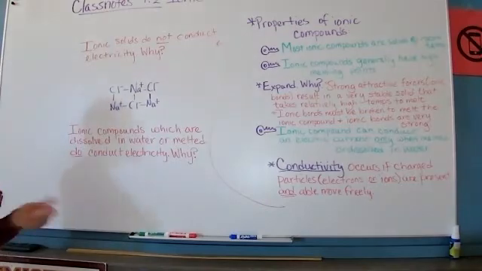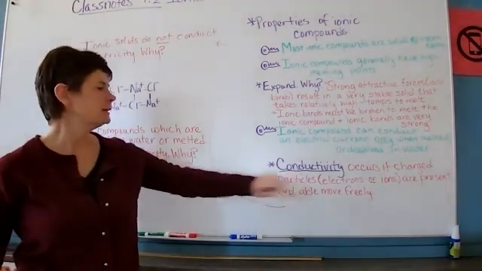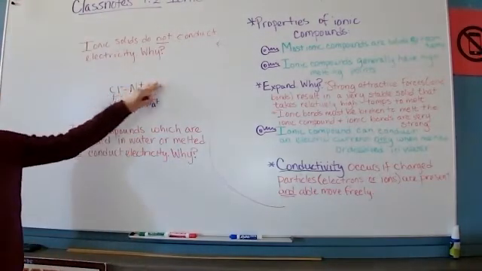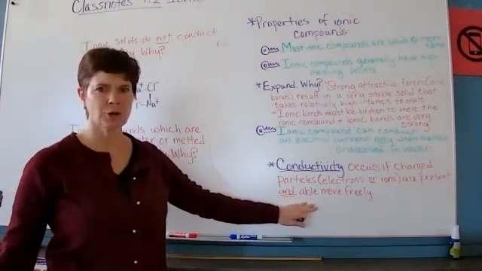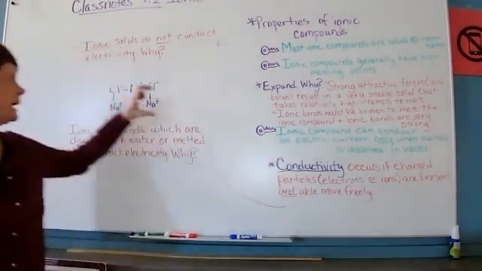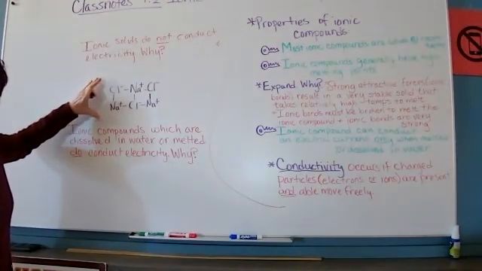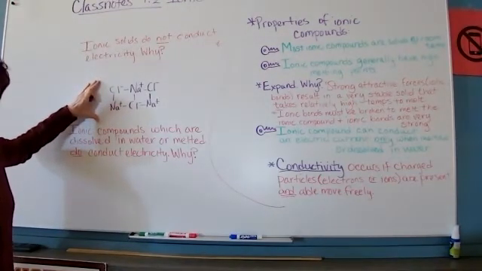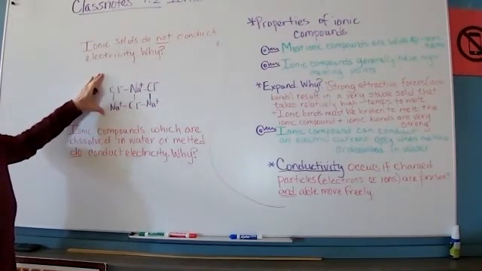So what is our criteria for conductivity? We said conductivity occurs if we have charged particles. Well, here we do have charged particles, but we have to have those charged particles able to move freely. And in an ionic solid, the charged particles exist, but they cannot move. They're locked in this crystalline structure because of these ionic bonds, okay?